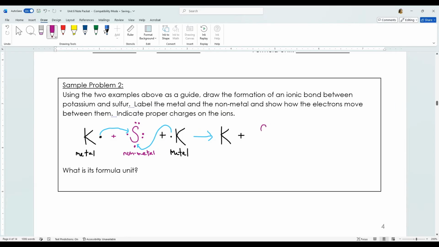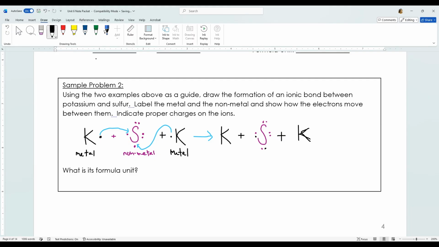I have a sulfur, and I have 1, 2, 3, 4, 5, 6. Its original 6, but it also took electrons from each potassium. So here's 1 from this potassium, here's 1 from the second potassium, and I have a potassium there as well.